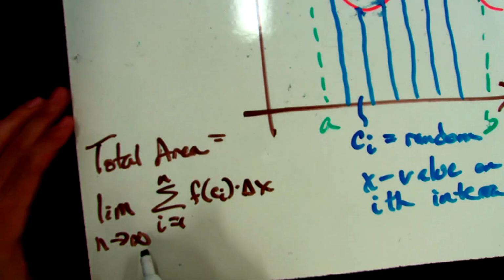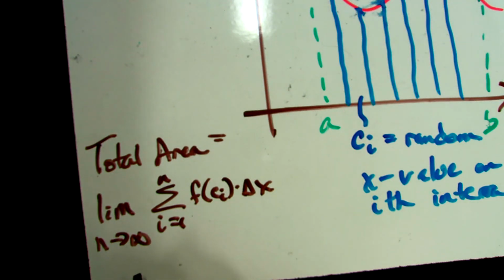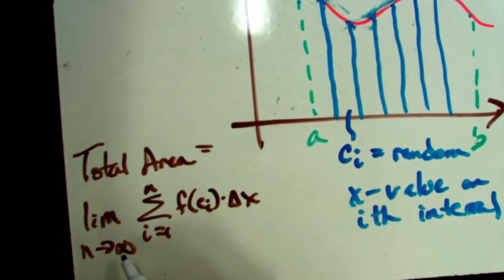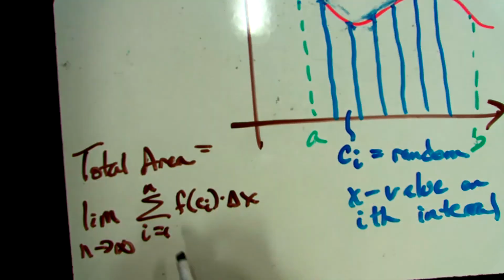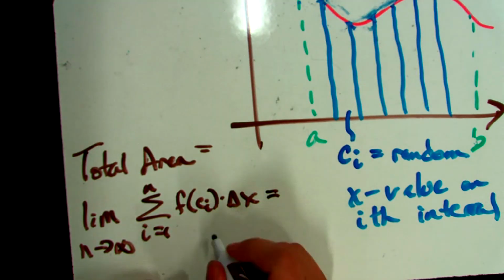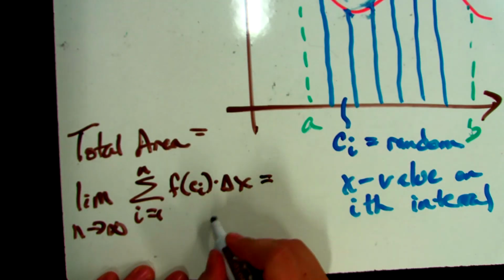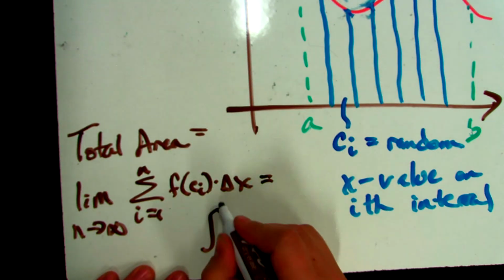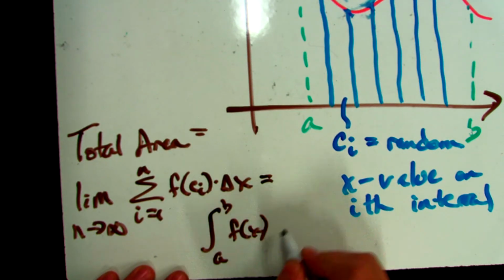So this is not going to be just an approximation. This is actually going to be precisely the area underneath the curve. As n goes to infinity, the limit of this whole sum of all these areas, we define that as the definite integral from a to b of f of x dx.